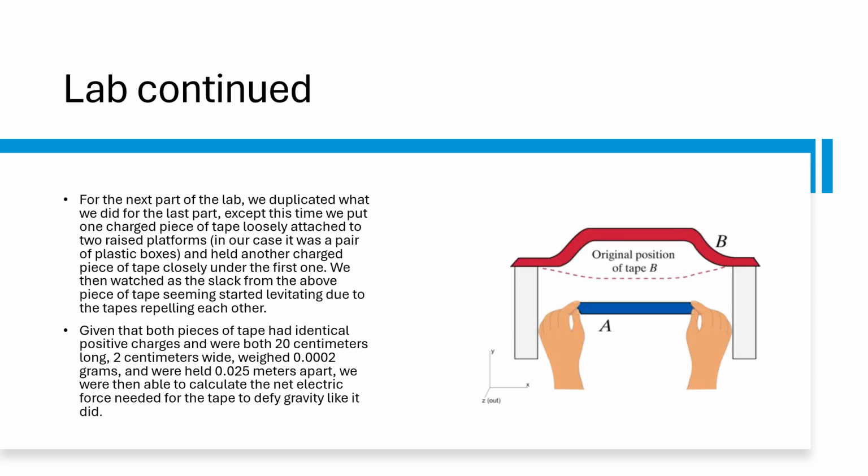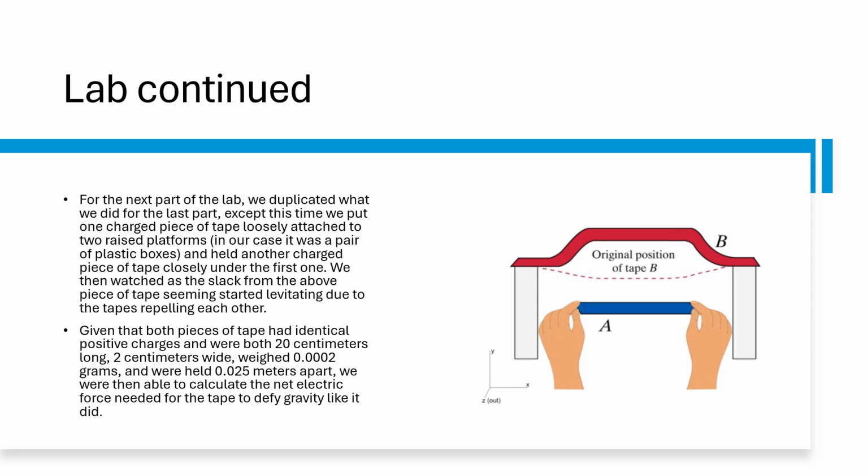For the second part of this lab, which is the part that we are going to be simulating in GlowScript, we had a similar setup as the first part, where we got two pieces of tape stacked onto each other and put on a table. We actually did that twice, so we would have two pieces of tape that we could yank off the top. We attached one end of the first piece of tape to a raised platform, and the other end to another raised platform, with a bit of a valley in the middle.